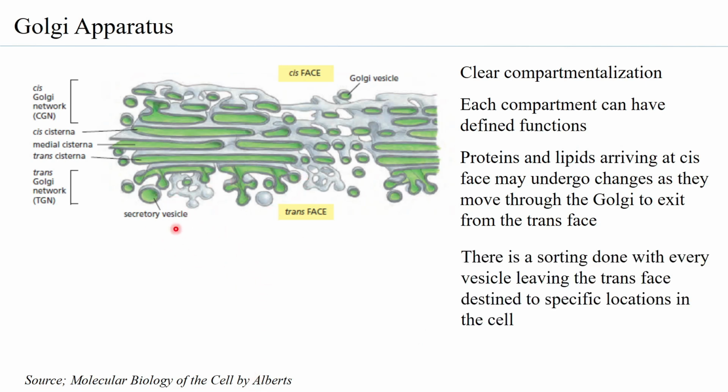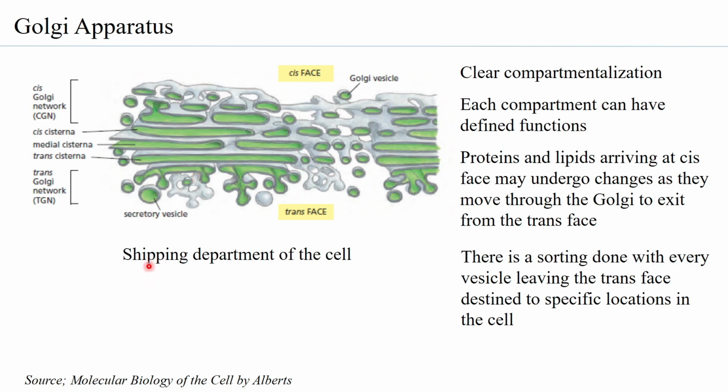For this sorting, with every vesicle leaving the trans phase, there is an address or a tag on these molecules that is suggestive of which proteins are sorted to which particular destination. That is very important with respect to Golgi, that it not only trims, cuts, and adds sugars to the different proteins, it also packages them into vesicles, and then from there they are dispatched to different parts.